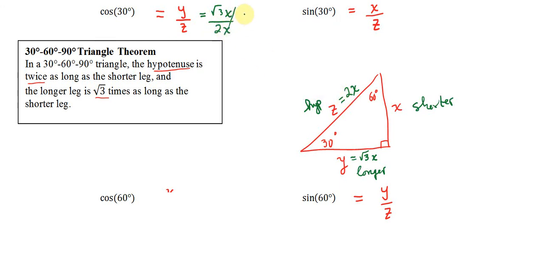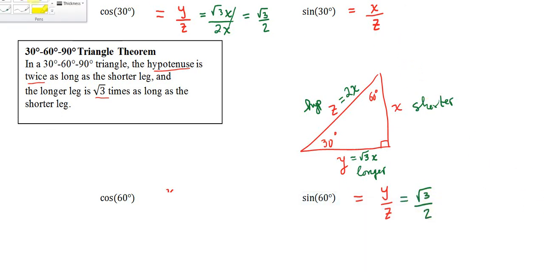So the x's cancel out, and what we are left with is the square root of 3 over 2. That means the cosine of 30 is equal to the square root of 3 over 2. Now you can see here that the sine of 60 is equal to the same thing. So the sine of 60 is also equal to y over z, which when we work out all of the details, it's going to be the square root of 3 over 2.